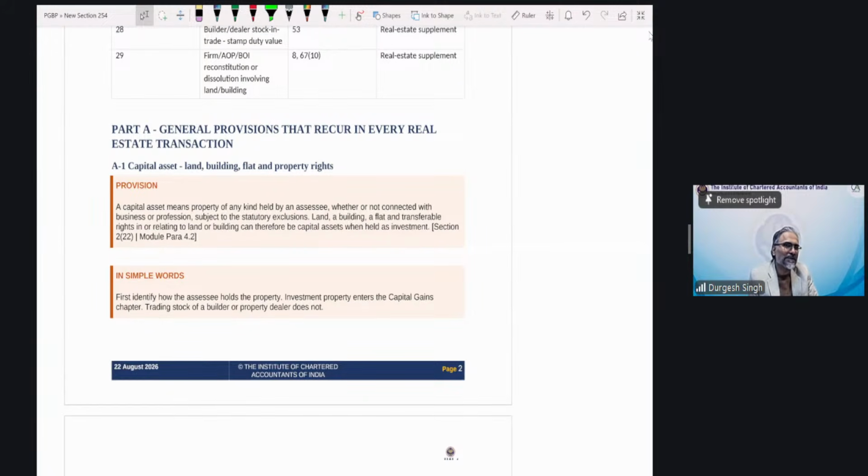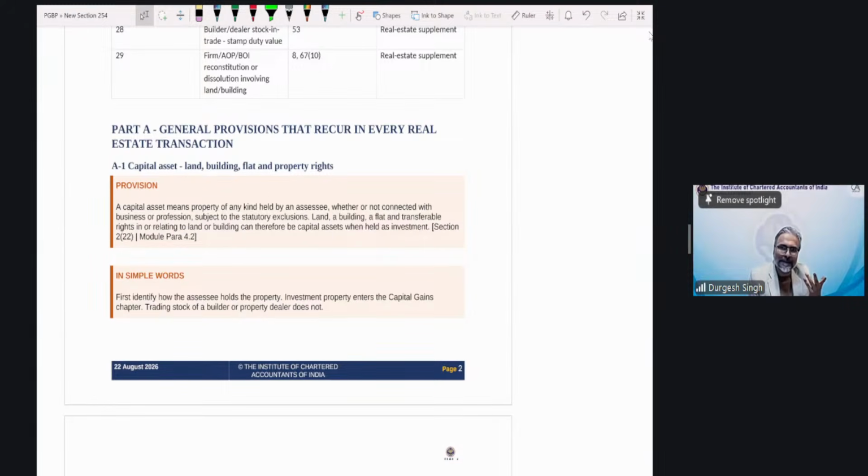So the question is majorly focused on any real estate exclusion in the definition of capital asset. A direct exclusion is rural agricultural land. Stock in trade, yes, it can be excluded if I am a dealer.